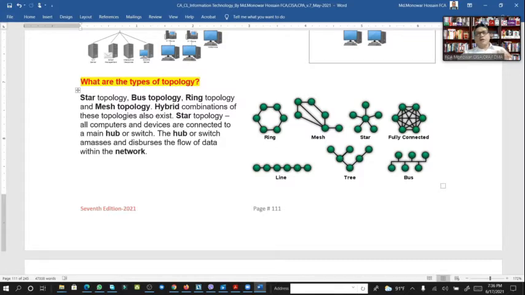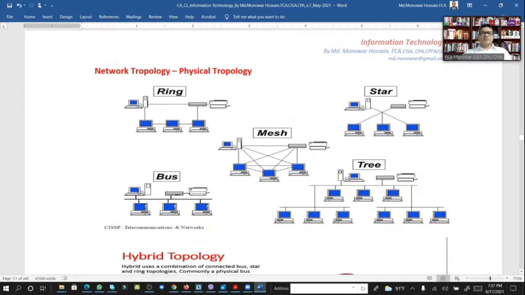Star topology: all computers and devices are connected to a main hub or switch. If you see here, star, that is the structure of topology. So network topology, physical topology is that. So it is the star. Look here, star topology is connected to one switch or hub through other computers.